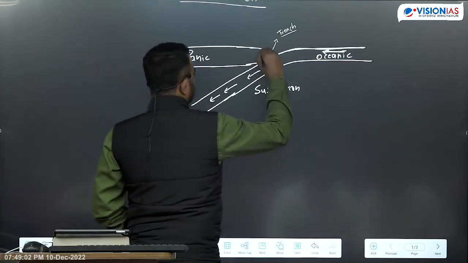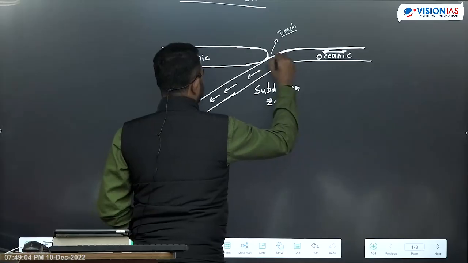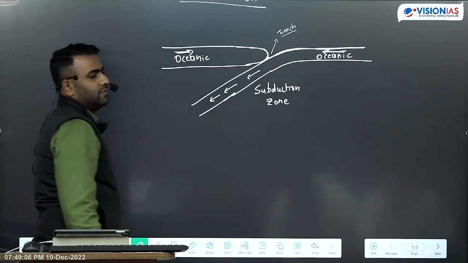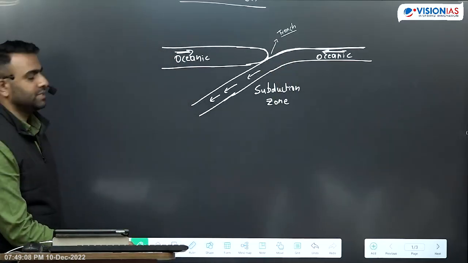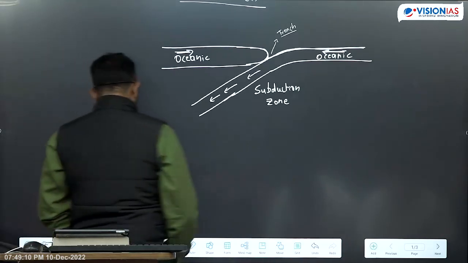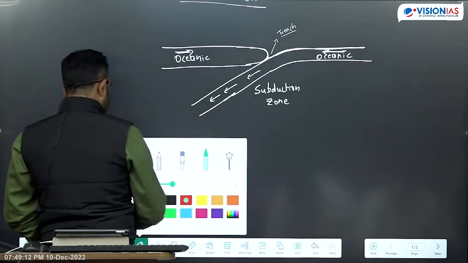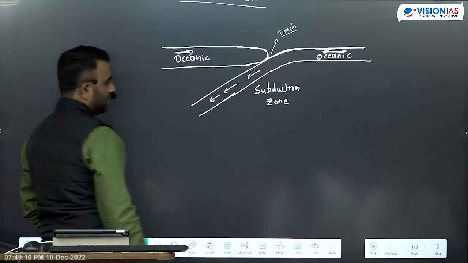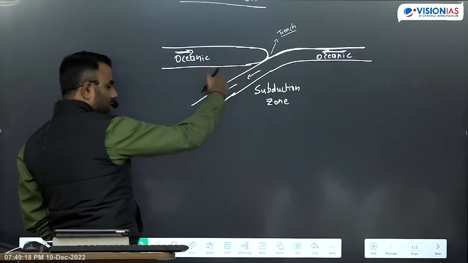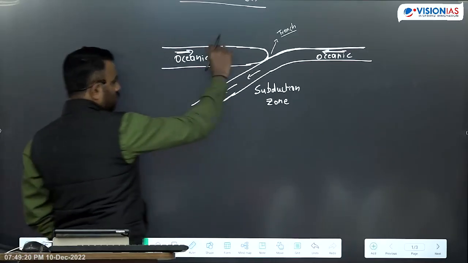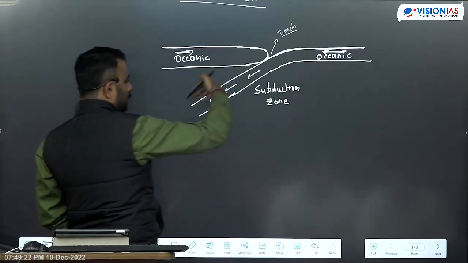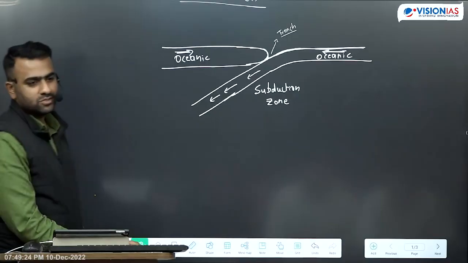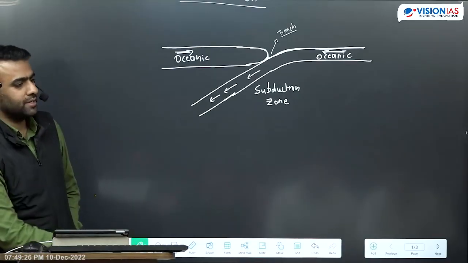Along the surface, it results in the creation of the deepest parts on the surface, which is called a trench. Now, what happens to this oceanic crust which is subducting? It is descending into the asthenosphere. This is lithosphere, this is lithosphere. It is descending into what? Asthenosphere. Asthenosphere is too hot.